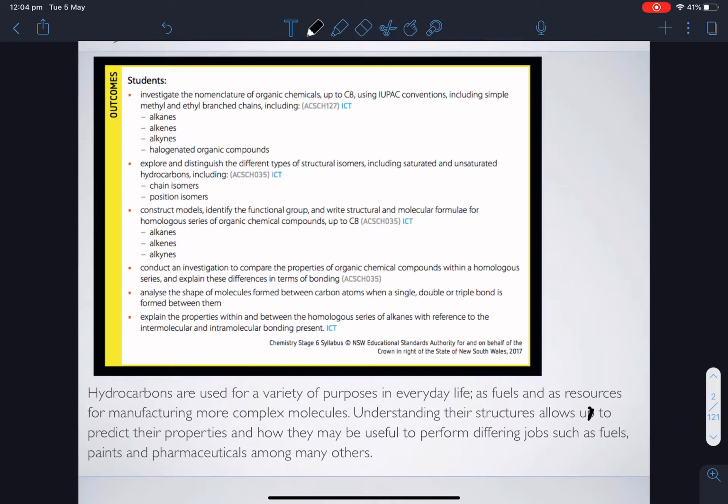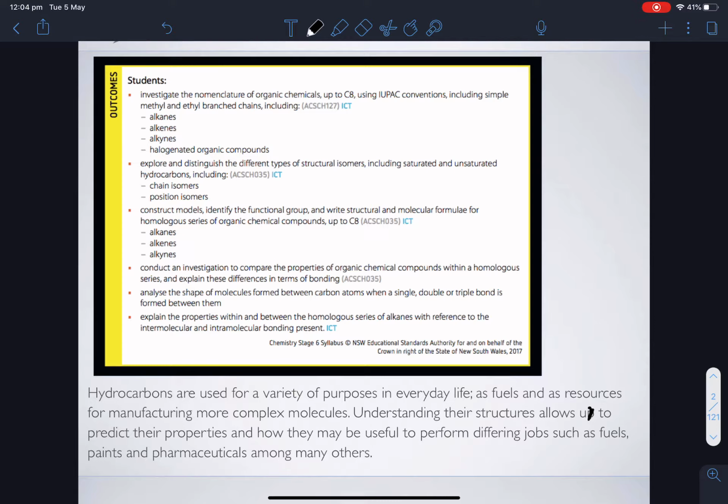I'm trying to say, if we know their structures, we can predict their properties, and we can predict how they'd be useful to us when we're making stuff like fuels, paints, and pharmaceuticals.